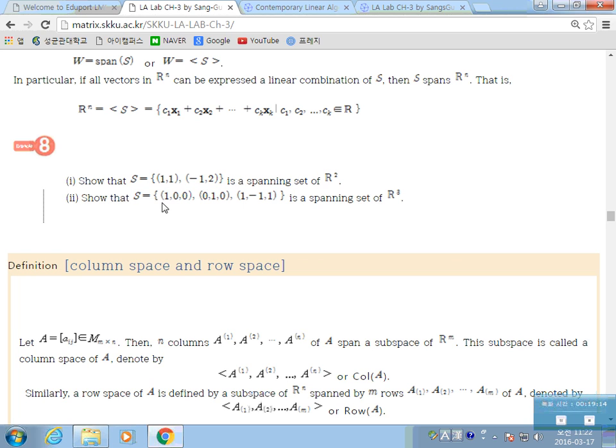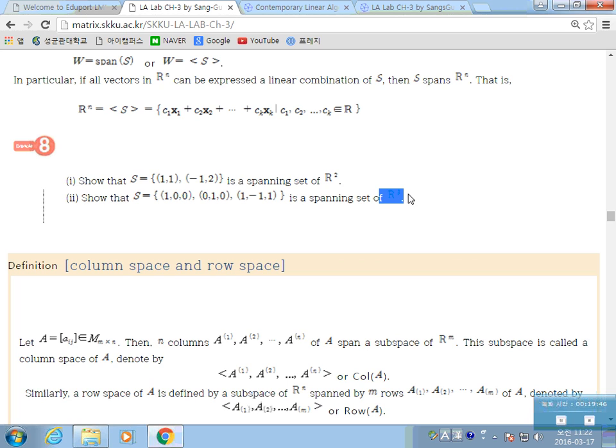These three vectors are a spanning set of R3, like you have seen before: E1, E2, E3, which are 1, 0, 0, 0, 1, 0, and 0, 0, 1. You can generate any vector in R3 with those three vectors. So E1, E2, E3 span R3.